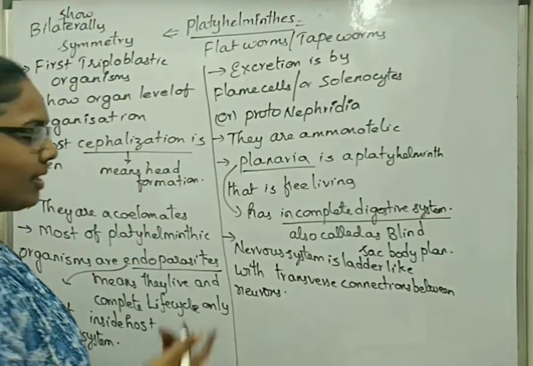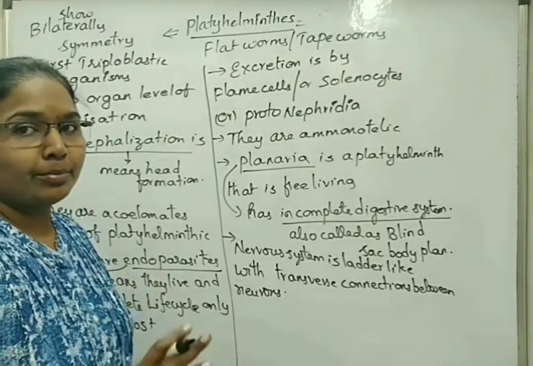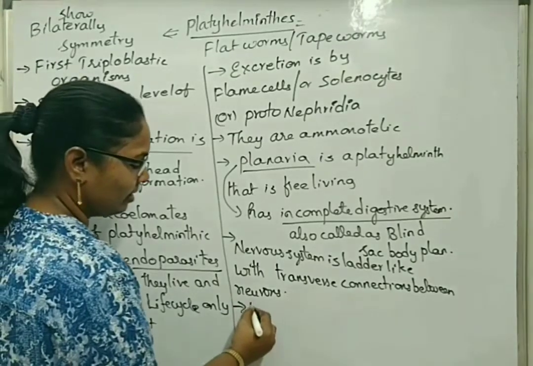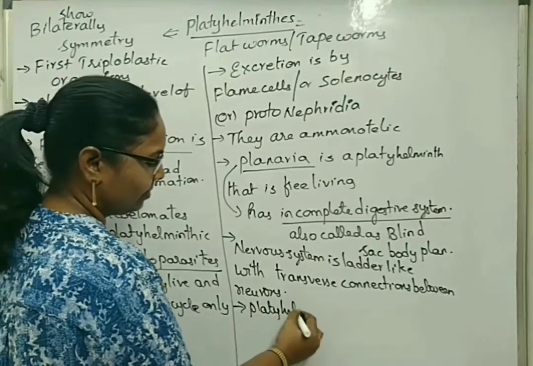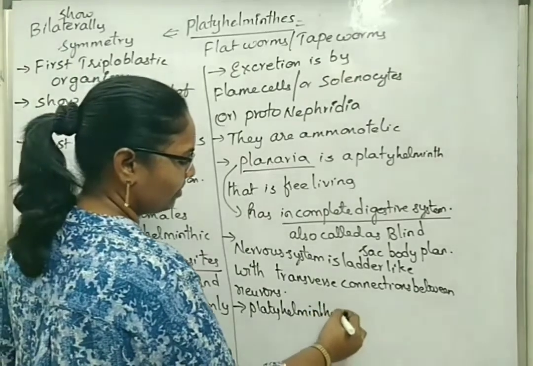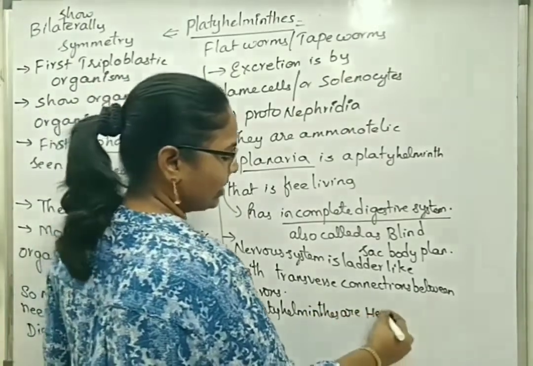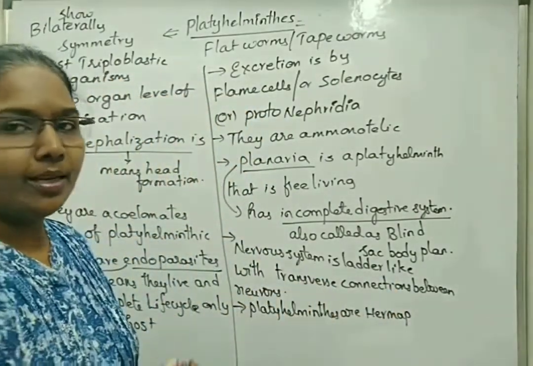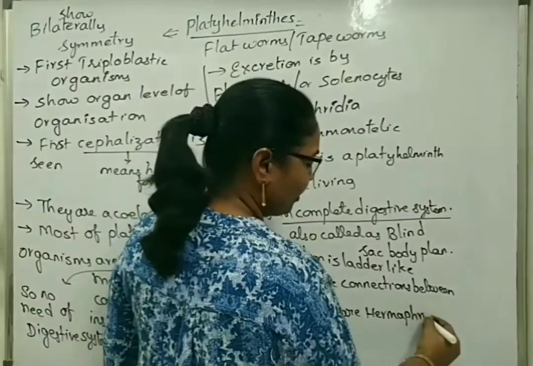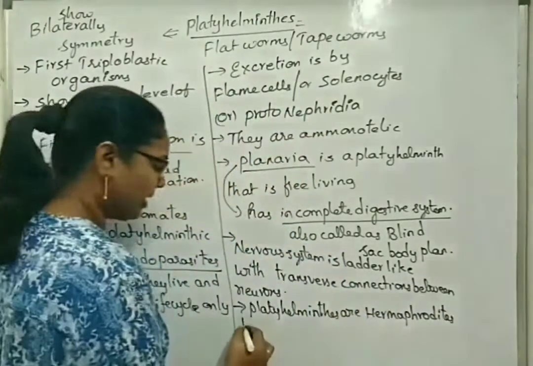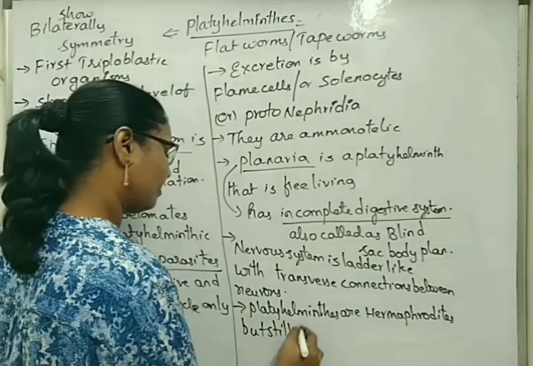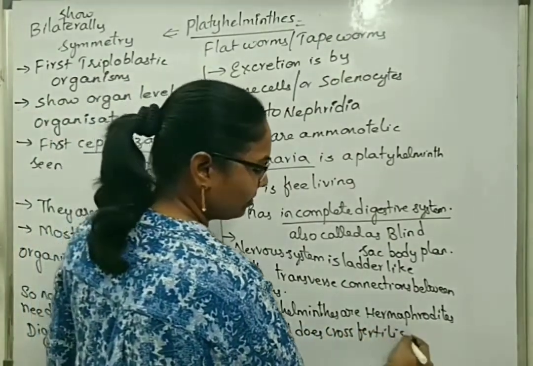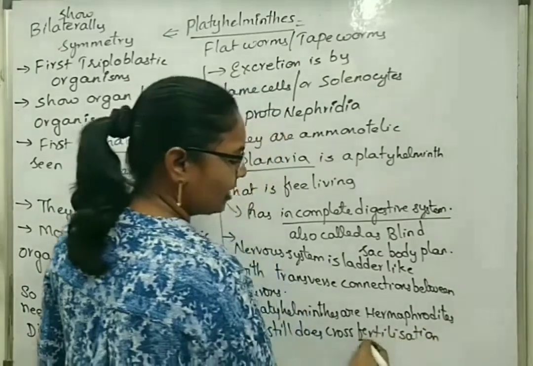Next, reproduction. Platyhelminthes are hermaphrodites, meaning each organism has both male and female sex organs, but still they undergo cross-fertilization.